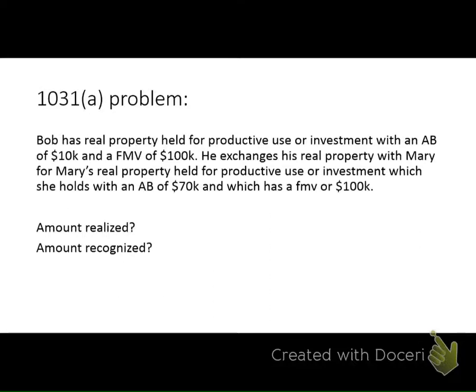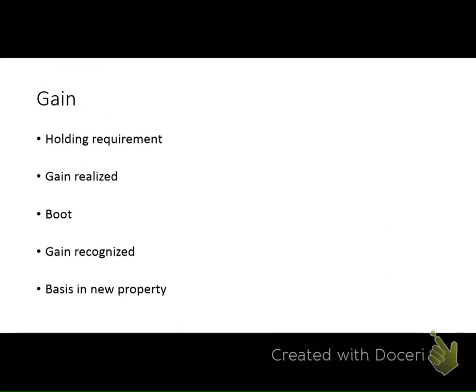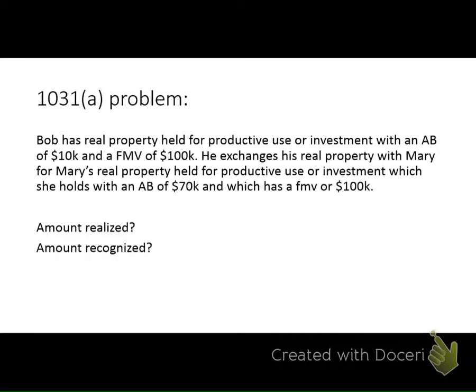Bob had an adjusted basis of $10,000 and a fair market value of $100,000 in his property. Mary had an adjusted basis of $70,000 and a fair market value of $100,000 in her property. So Bob will take Mary's property and Mary will take Bob's property, and they'll both retain their original basis.